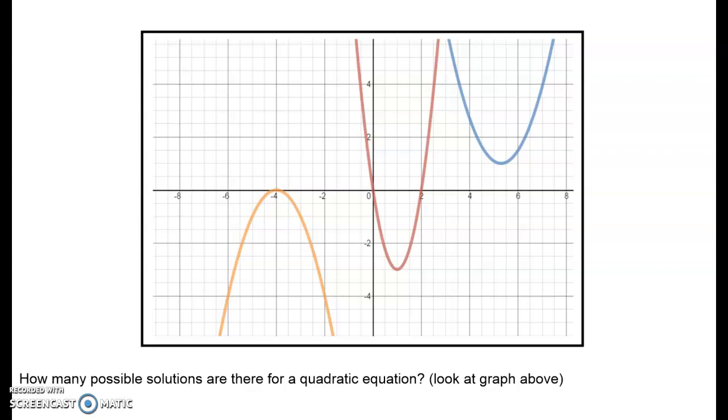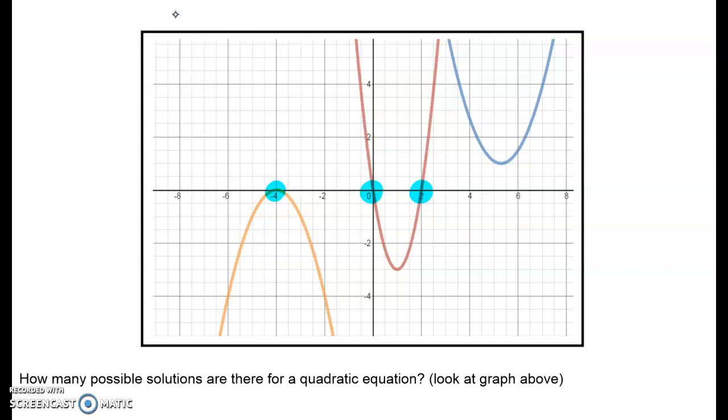If we look at the red graph, we can see that it has 2 solutions. It crosses the x-axis in 2 places. If we look at the yellow graph, we see that that parabola has 1 solution, or 1 place where y equals 0, because it only crosses, or touches, I should say, the x-axis once. And on the blue graph, we see that that parabola has 0 solutions. It doesn't cross at all.